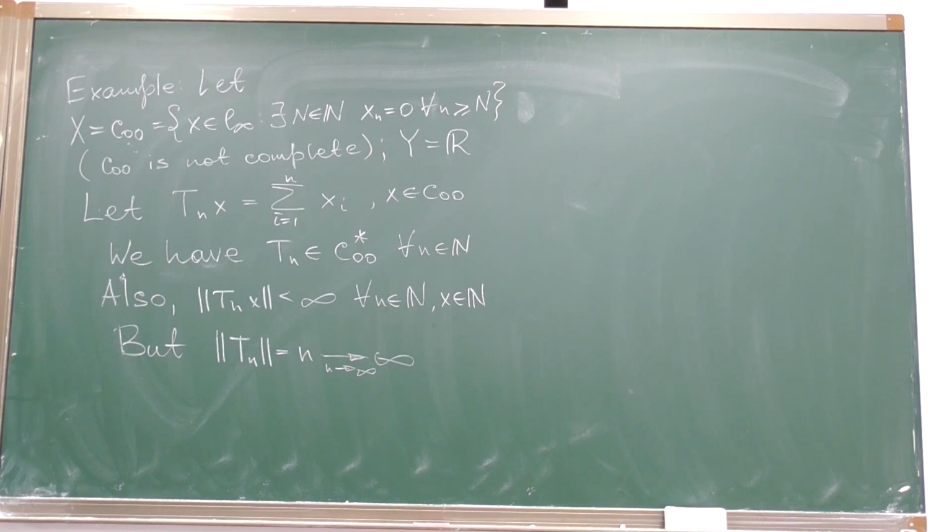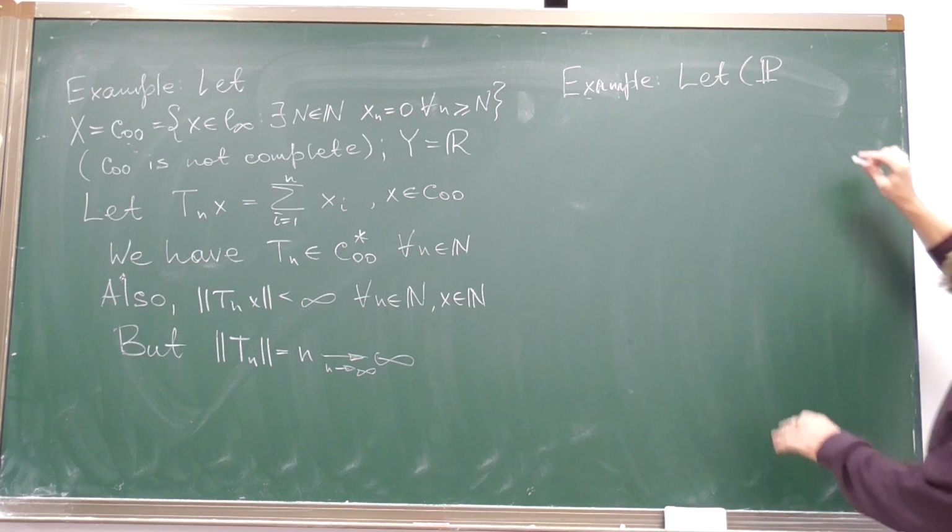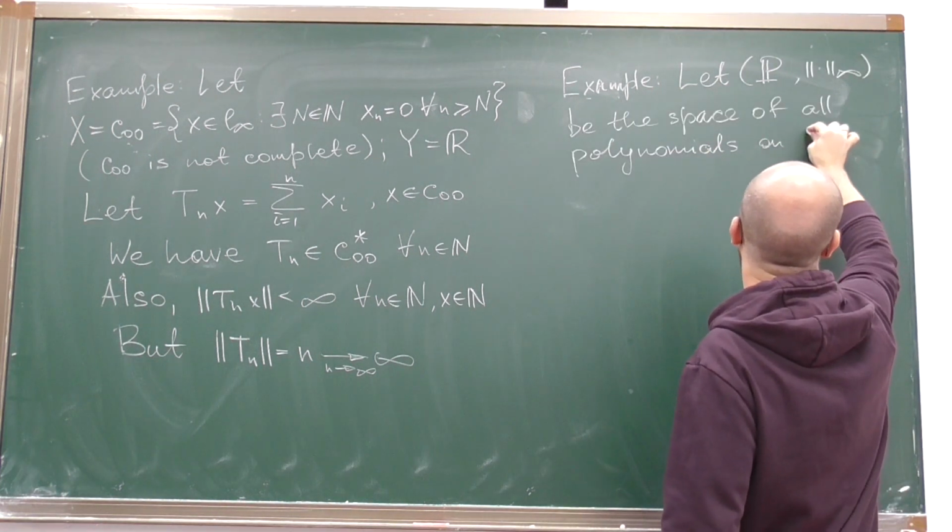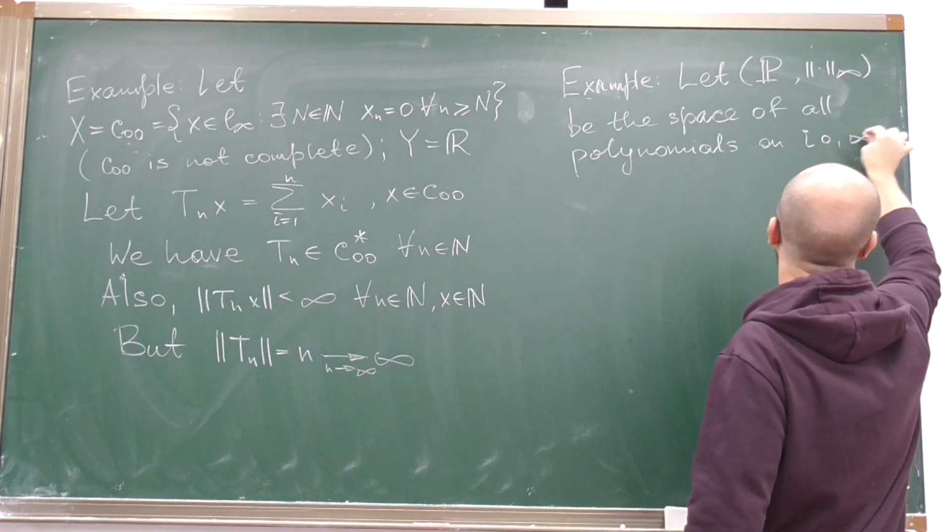The uniform boundedness principle is a fairly easy result to state and to prove. However, it is a very powerful result, and we verify the power of this result with an example. Let us consider the space of all polynomials, and we equip this set with the uniform norm on, say, 0 to infinity.